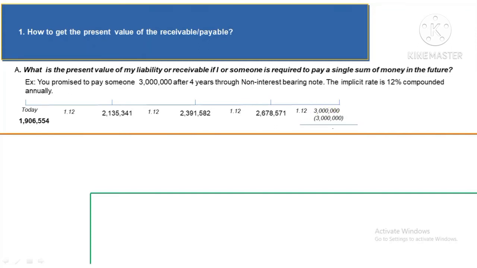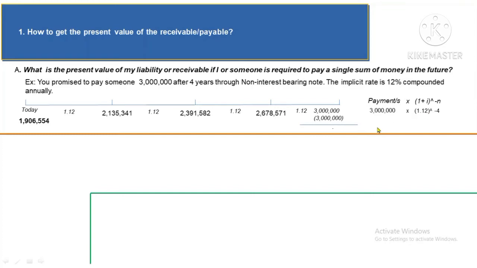Of course, there is a shortcut, which is payments times 1 plus interest raised to the power of negative n, or negative number of periods. So let's substitute. The payments is 3 million and then 1 plus 0.12 raised to the power of negative 4.